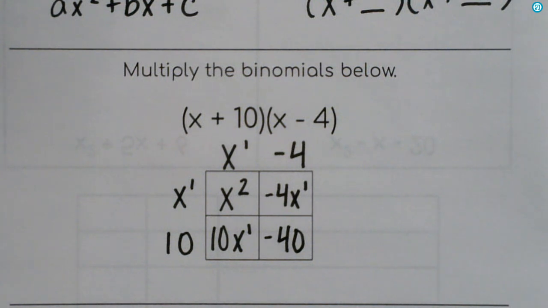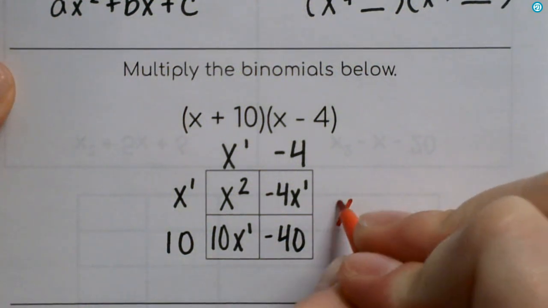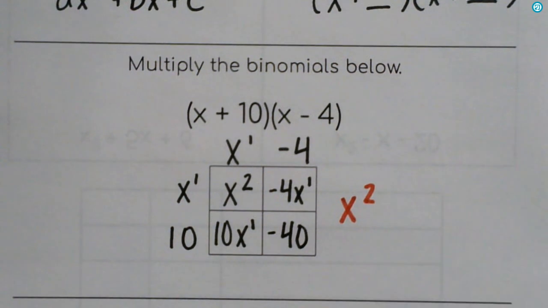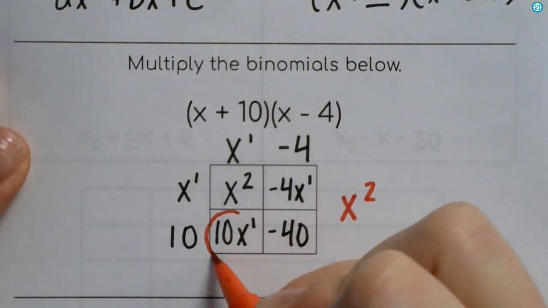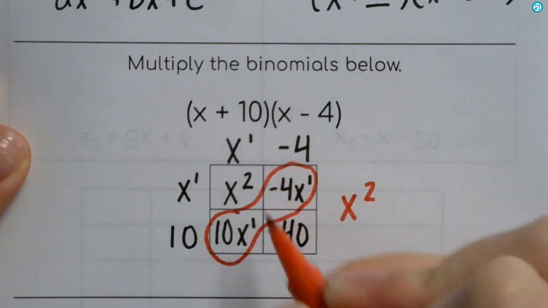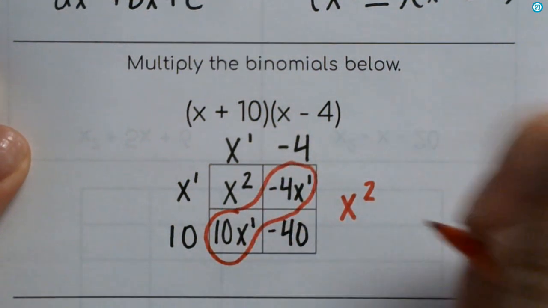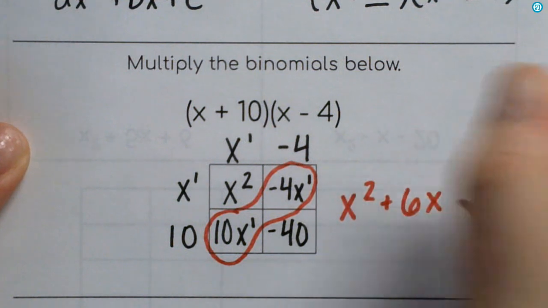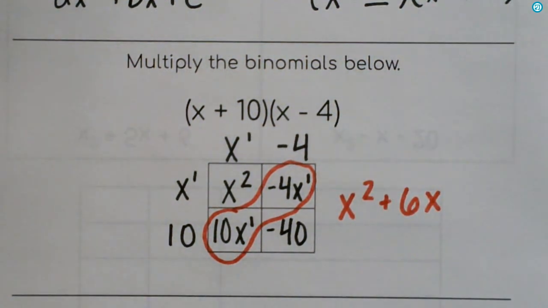Okay, once we multiply, we're going to want to combine like terms and write our final answer. So x squared will stay by itself. When we go to combine, this 10 and this negative 4 will combine together. 10 minus 4 is 6, so we end up with 6x. That can be 6x or 6x to the first. They mean the same thing. And then my minus 40 can go at the end.